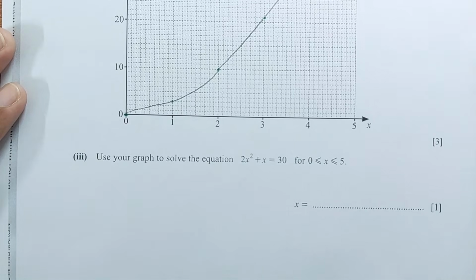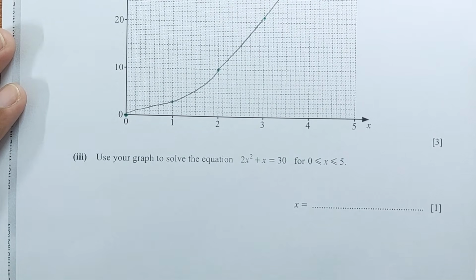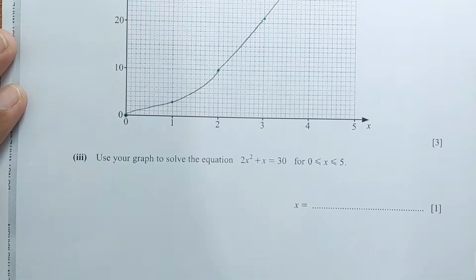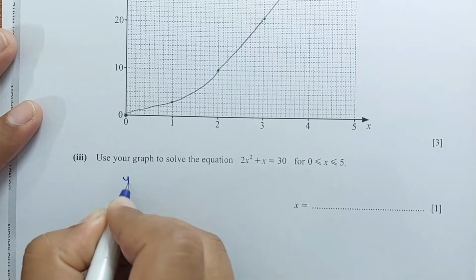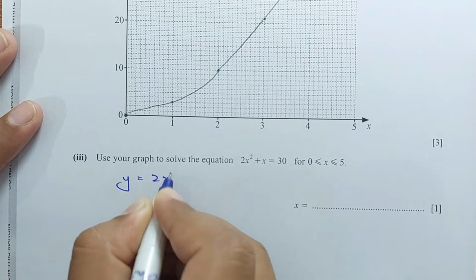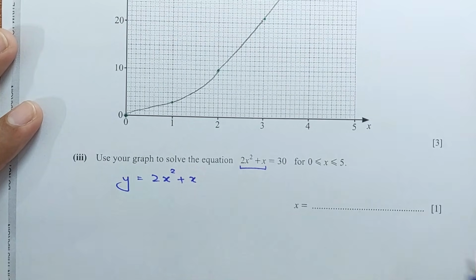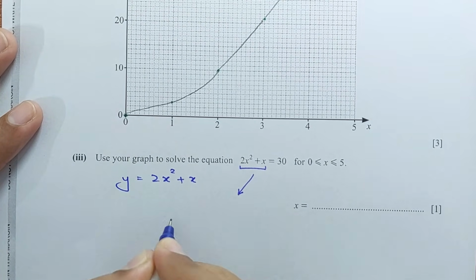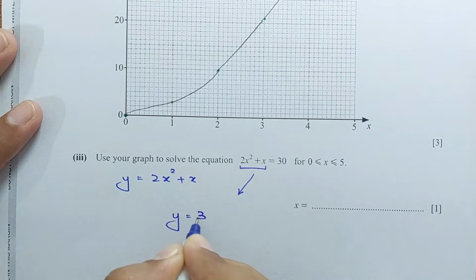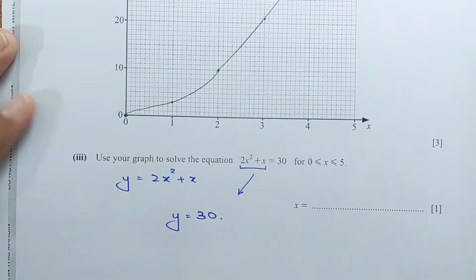Now for the third part, use your graph to solve this equation for x between 0 and 5. The equation we have is y equals 2x squared plus x. So 2x squared plus x is just y. Plug over here, y equals 30. That is the line.